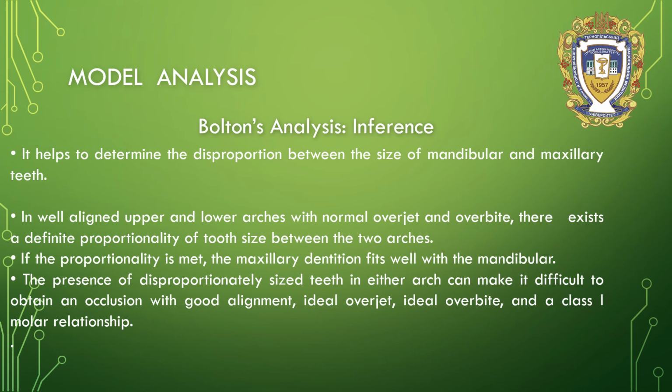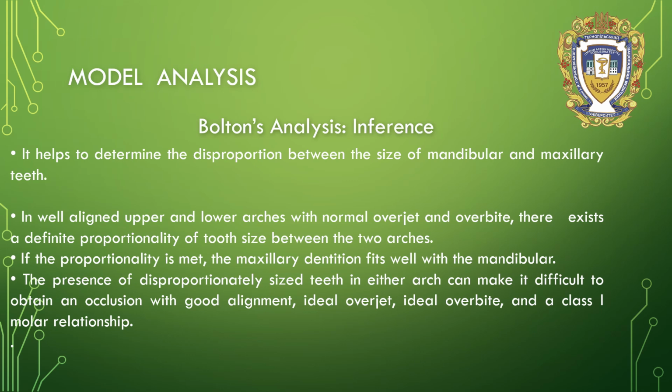I hope you remember what overjet and overbite mean. Overjet is the distance between the vestibular surface of the lower central incisors and the palatal surface of the upper central incisors.